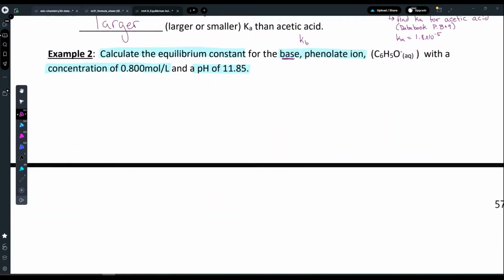So we do need to handle this with an ice table because we need to figure out the equilibrium constant and because we're working with a weak base here.